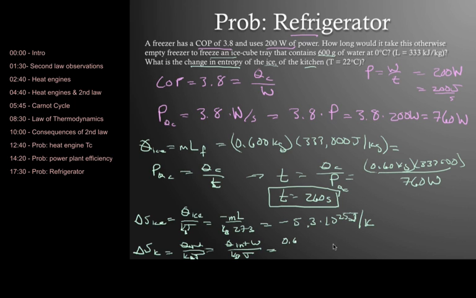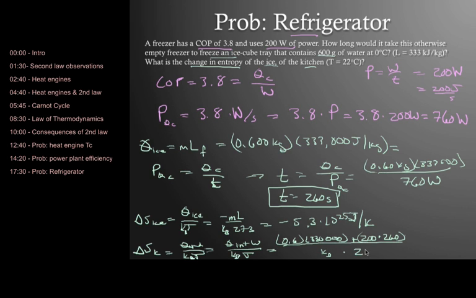So that's basically the Q of the ice, 0.6 times 333,000, plus the work that's being done, which is 200 watts of power times 260 seconds, and then all divided by kBT.